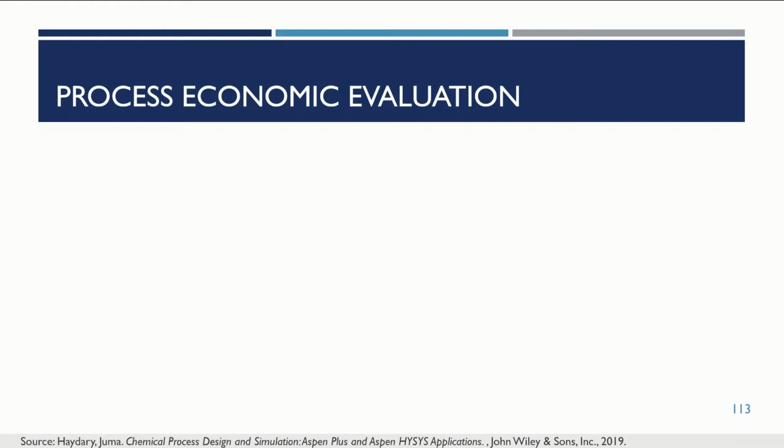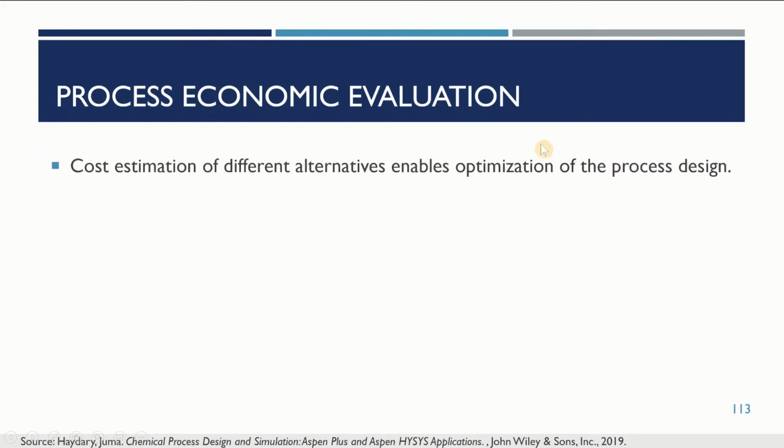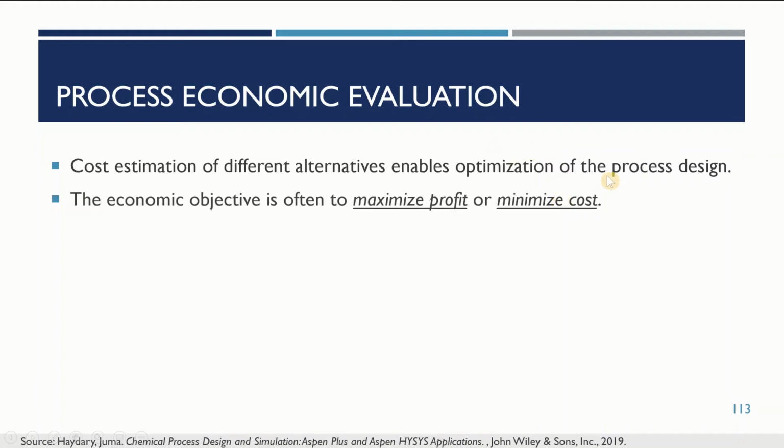Here, we come to the topic of process economic evaluation. Cost estimation of different alternatives enables optimization of the process design. The objective function in optimization is usually the maximum profit or minimum cost.